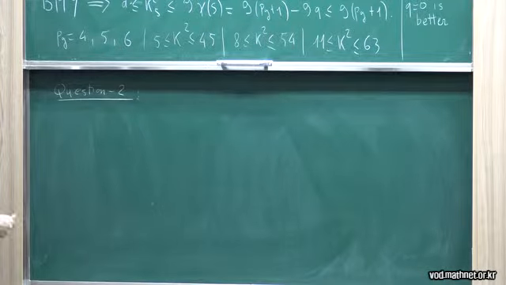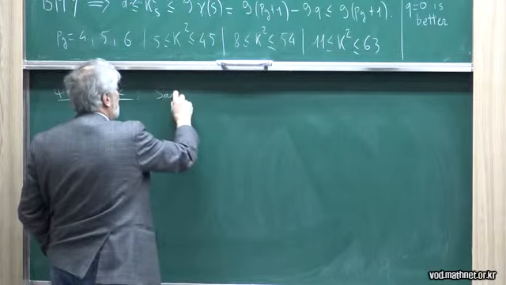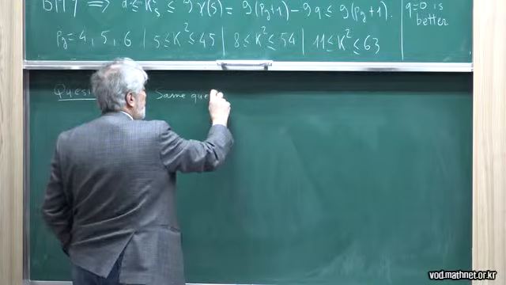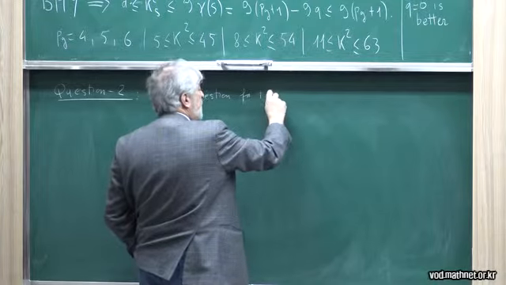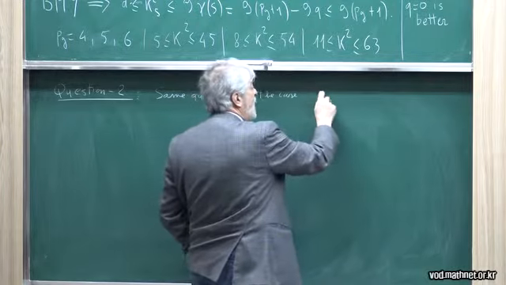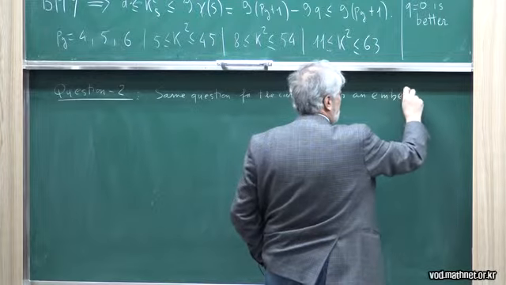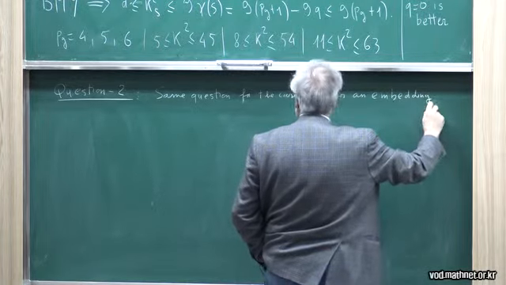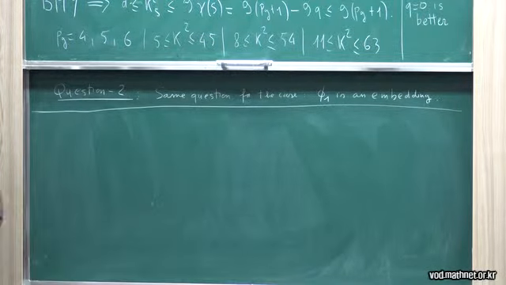Question 2 is the same question for the case not only where phi_1 is birational, but where phi_1 is an embedding. Now this question is interesting if p_g is at least 6.